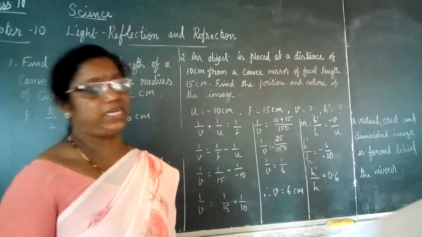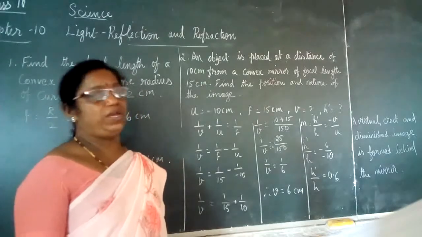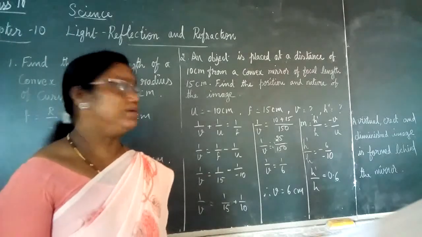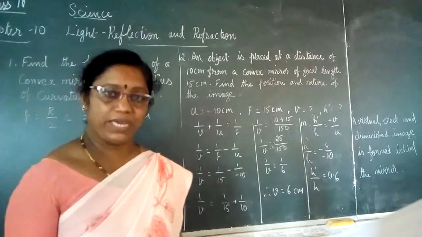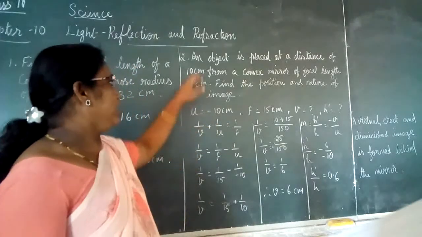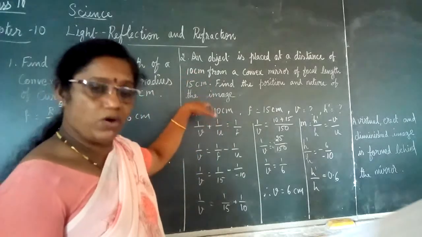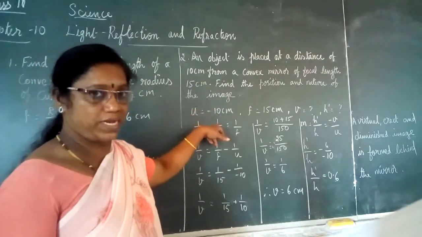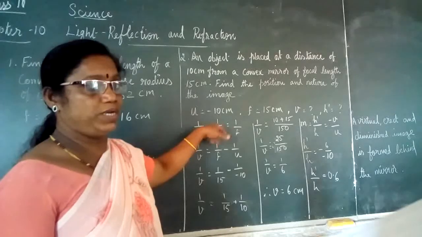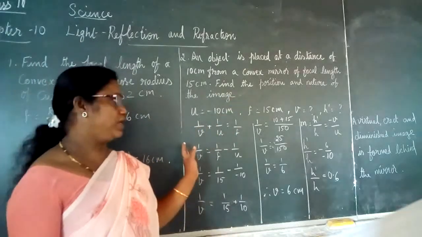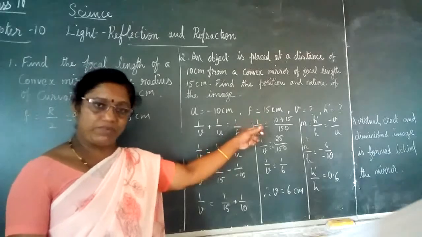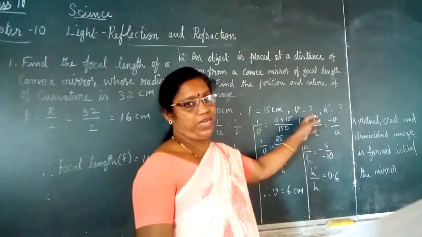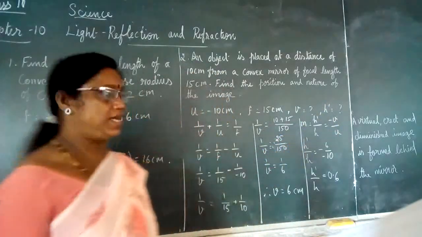For that, we have to find out the value of v and the height of the image formed. So, here according to the question, the object distance u is equal to 10 cm and we are going to take it as minus 10 cm because the object is placed on the left side of the mirror, and the focal length of the mirror is 15 cm. Let us calculate the image distance v and height of the image h dash.